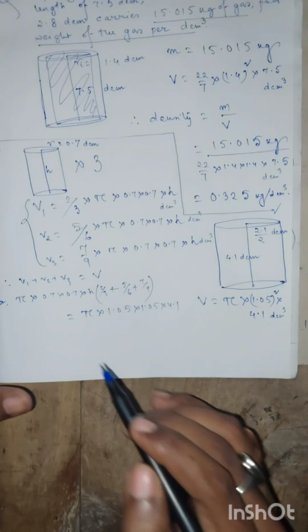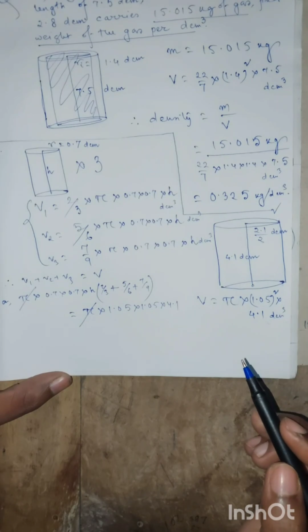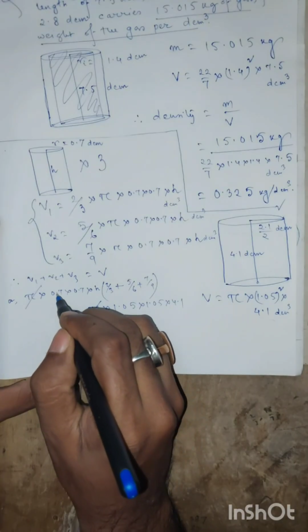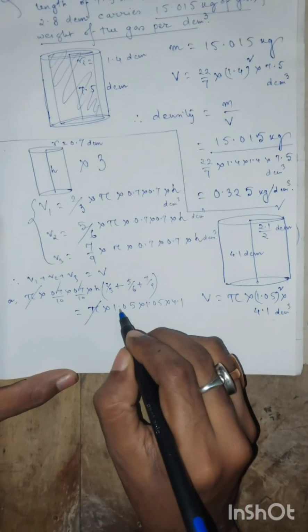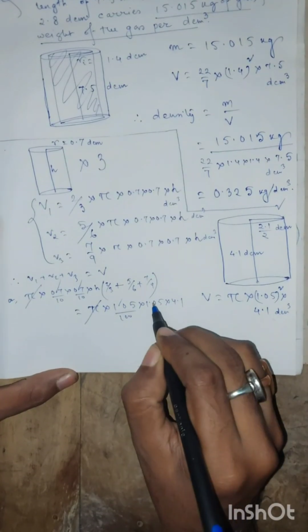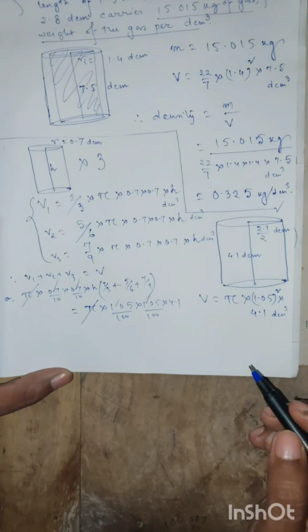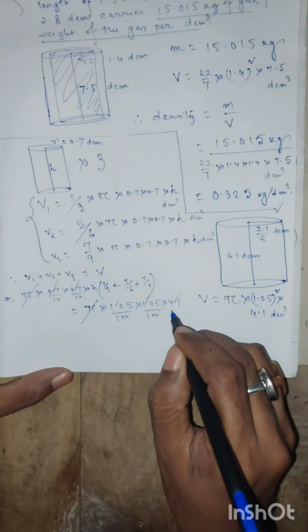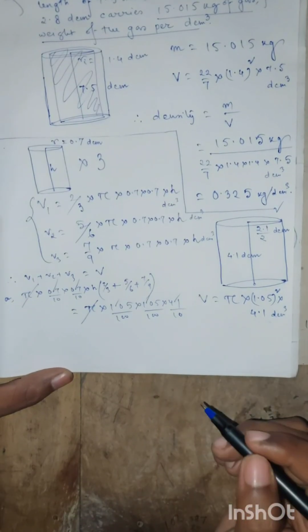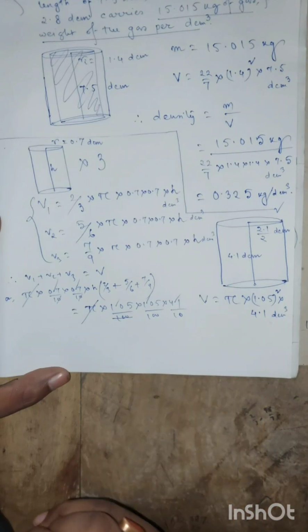Now we can cancel pi. We can write it 7 by 10, 7 by 10, 105 by 100, 105 by 100, 4.1 by 10. So 20 and 100 can be cancelled.